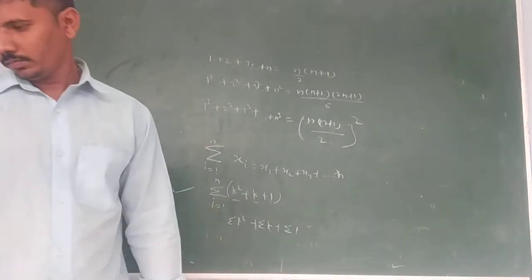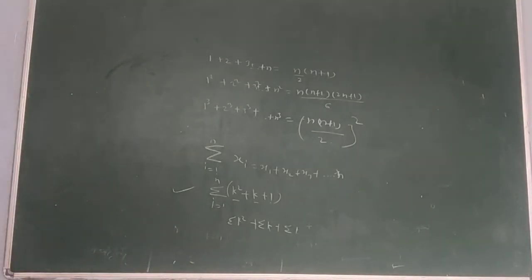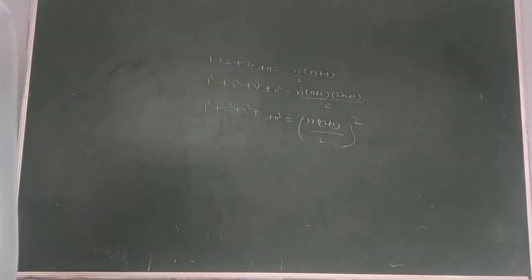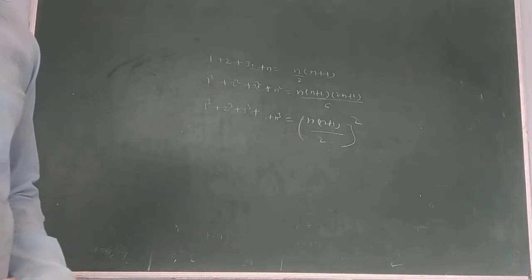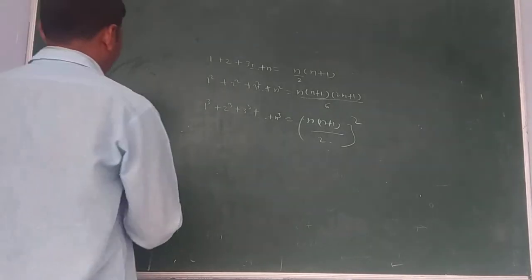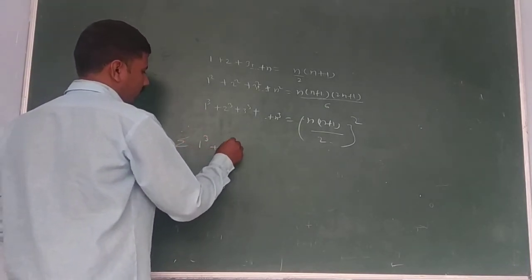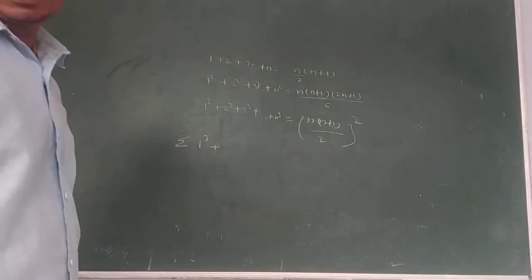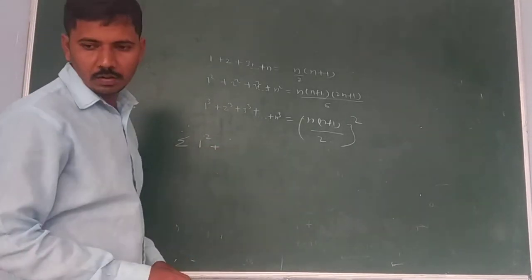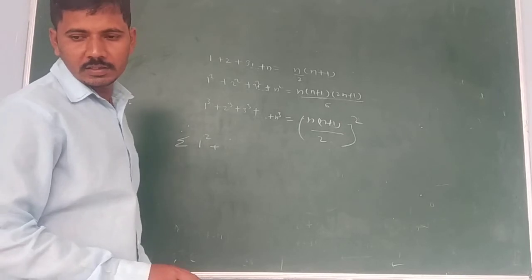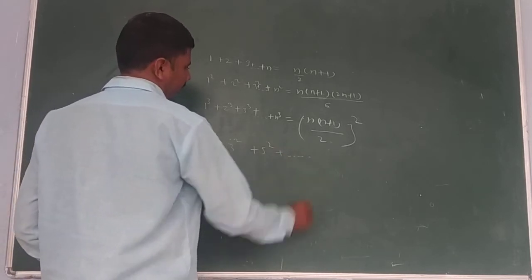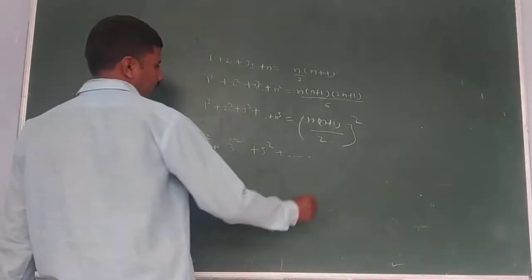The example is the summation of 1 square, 3 square, 5 square till n terms.